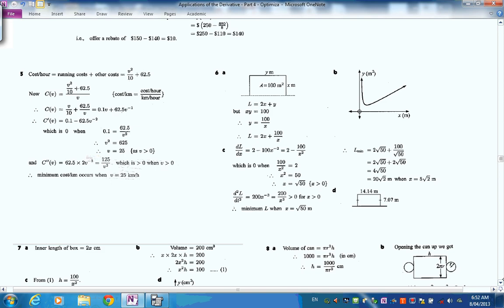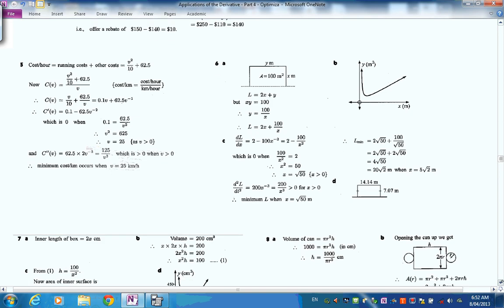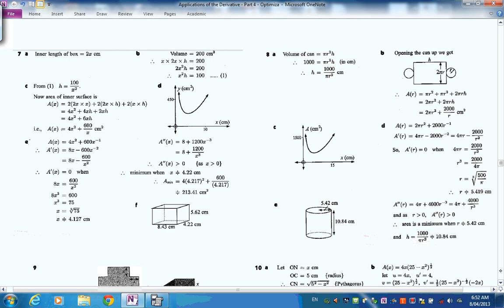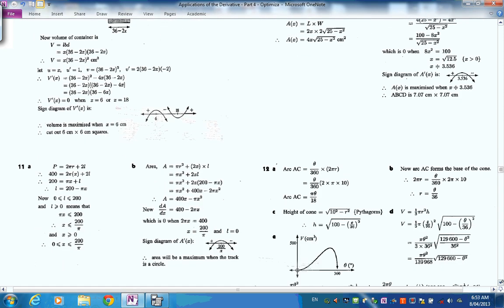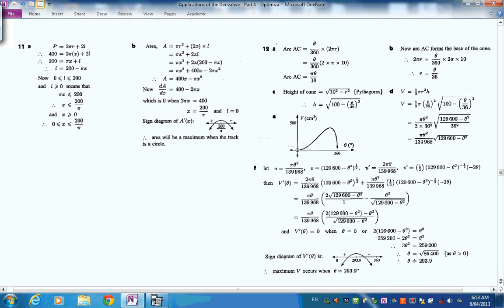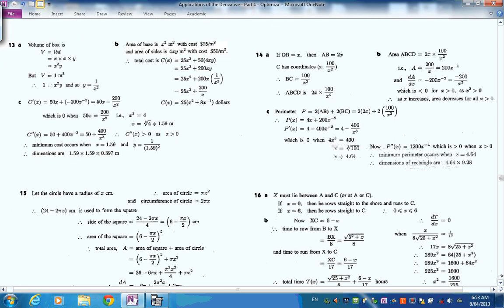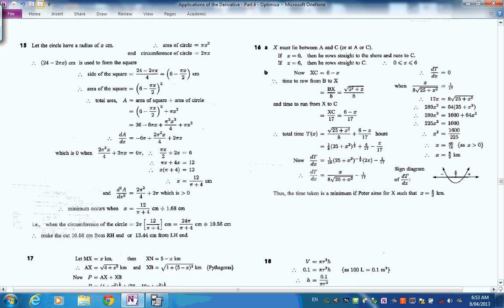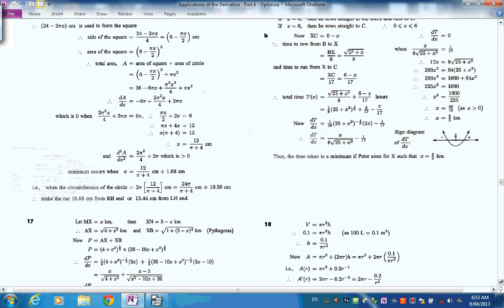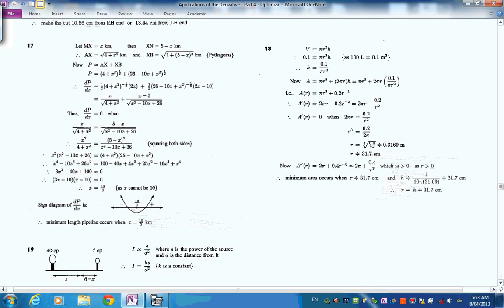What have we got there? 5 and 6. 7 and 8. 9 and 10. 11 and 12. 13 and 14. 15 and 16. 17 and 18.